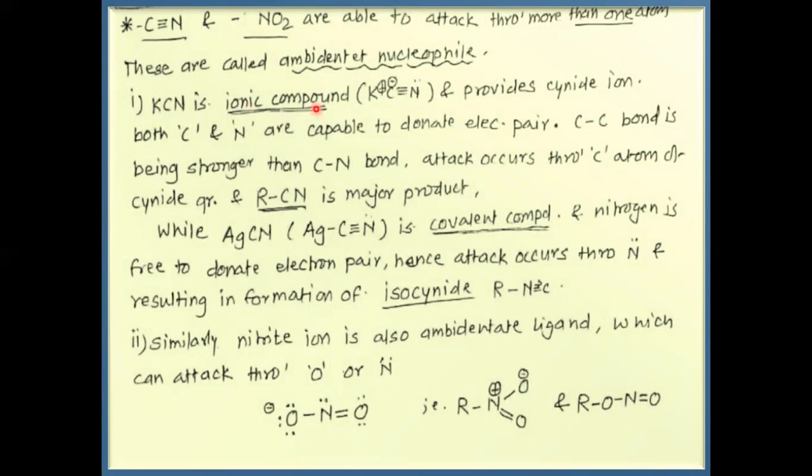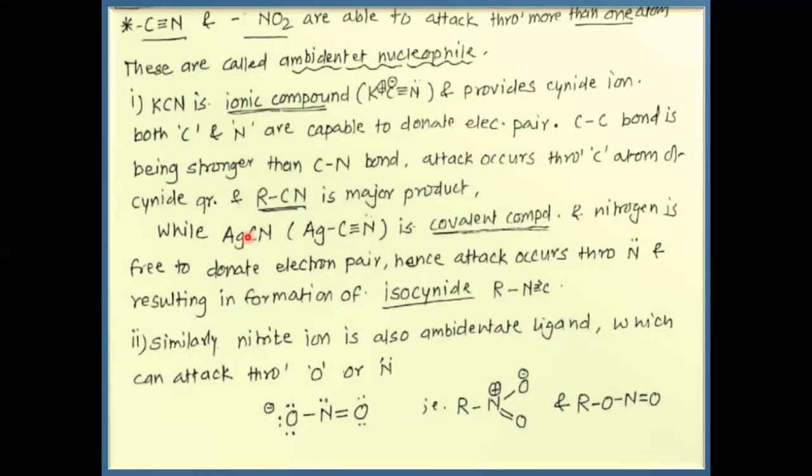KCN is an ionic compound, K plus CN minus. It provides cyanide ions. Both carbon and nitrogen are capable of donating an electron pair. The carbon-carbon bond is stronger than the carbon-nitrogen bond, so attack occurs through the carbon atom of the cyanide group, and alkyl cyanide is the major product.